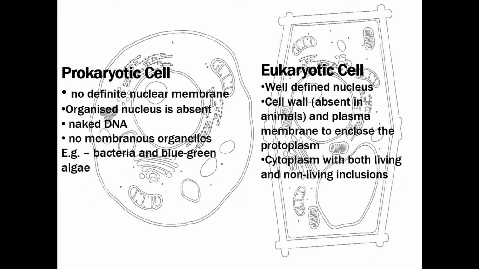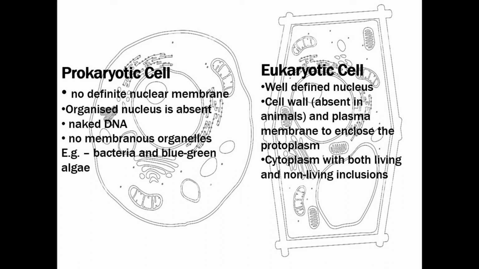Like in a eukaryotic cell, you will find that the DNA is covered with the ER and everything, which we'll be discussing later on. But in this case, the DNA just moves in the cytoplasm. Cytoplasm means the kind of liquid in which all the other elements of the cell remain.